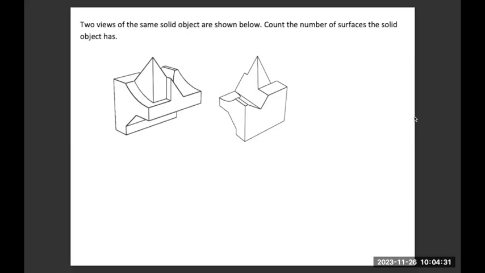Khushbu, wrong answer. Prisha, wrong answer.